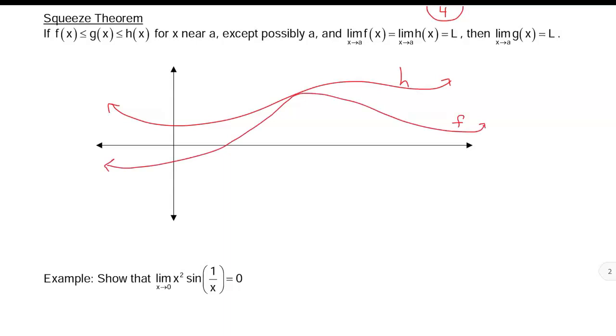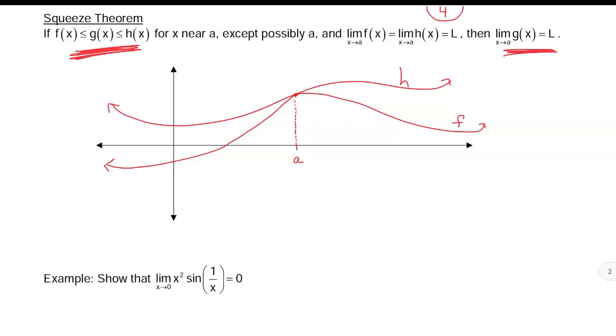Here's an f, and it says the limit of f as x approaches a equals the limit of h as x approaches a. That means they have the same height at a. If they have the same limit at x equals a, and g is in between them, that means g also has that same limit at a.